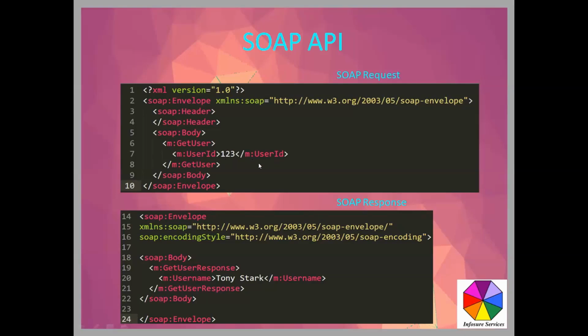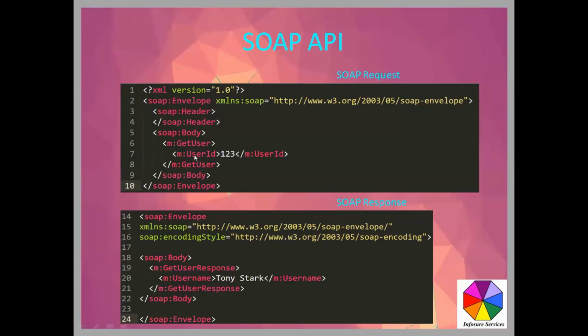We see this is in XML, and when you have the data that is wrapped in a SOAP envelope, that is a SOAP message. So this is how a SOAP request message looks like. The application is allowed to take a SOAP request to invoke, so what are we invoking here? We are invoking a get user method or a get user function.